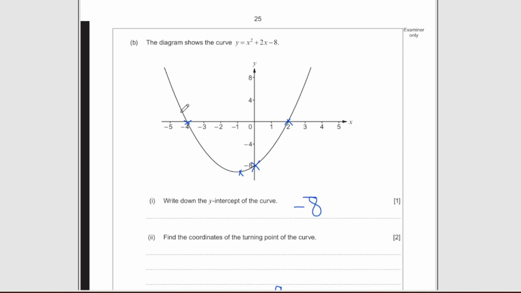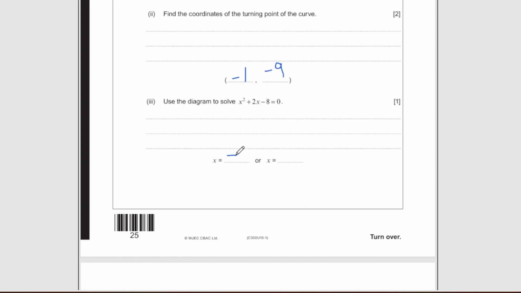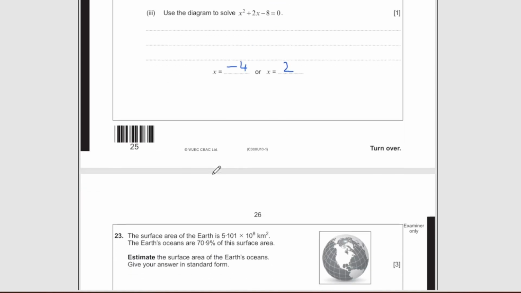It's where the line crosses the x-axis. So that's why there's two points for x. -4 and 2. So x equals -4 or x equals 2.